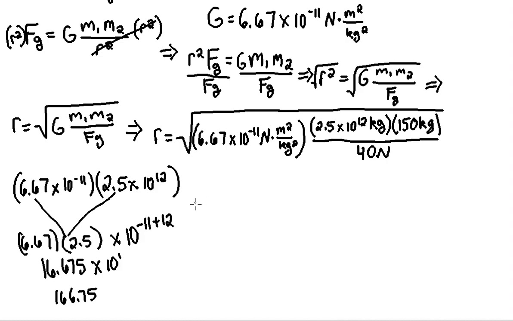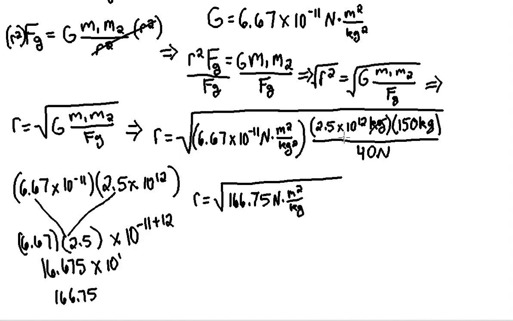Alright, so let's rewrite this over here. R equals the square root of, so I dealt with this and this. Now I have 166.75 newtons times meters squared divided by kilograms squared. Actually, I canceled out this right here because this was kilograms and this had one of the kilograms in the bottom canceled out.